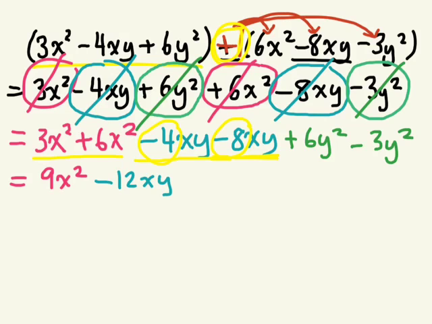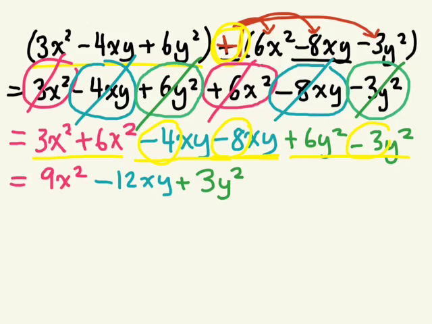And then what's the last one, Trill? Positive 6y squared take away 3y squared is? Good. 6 take away 3 is 3. Is it positive 3 or negative 3? Positive 3y squared.